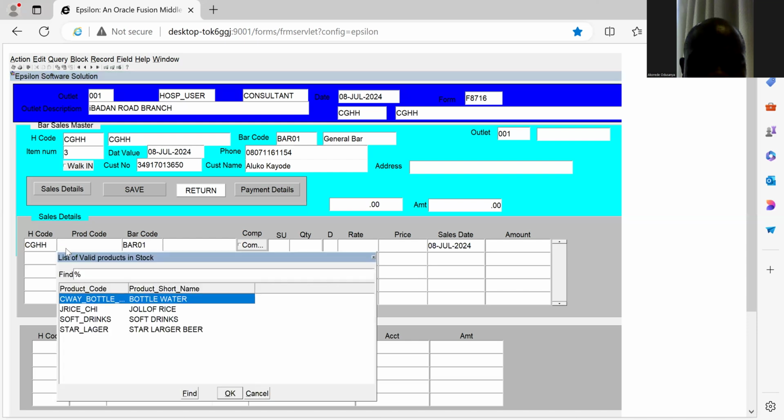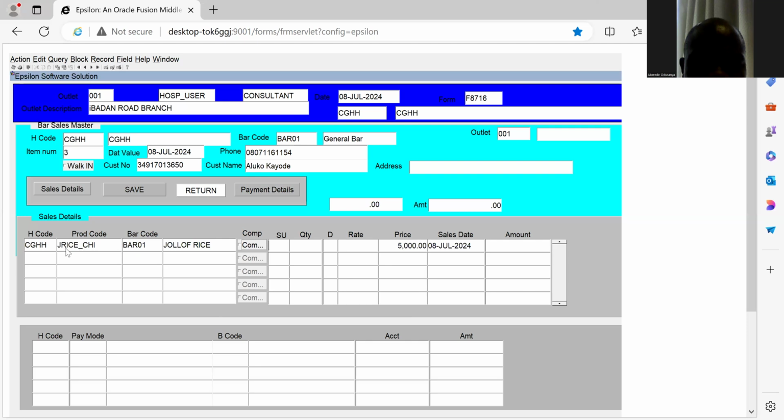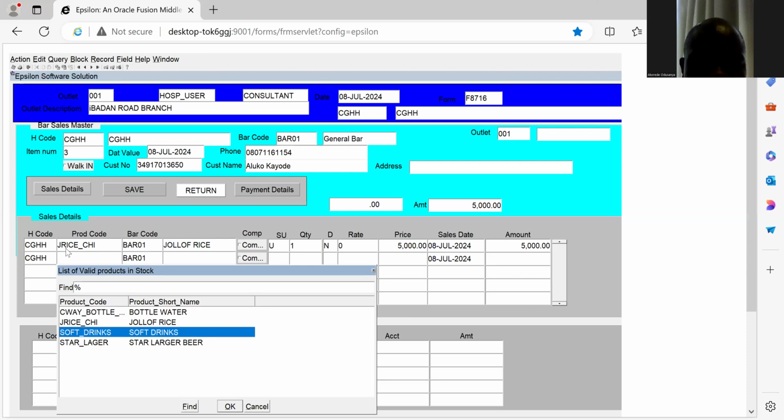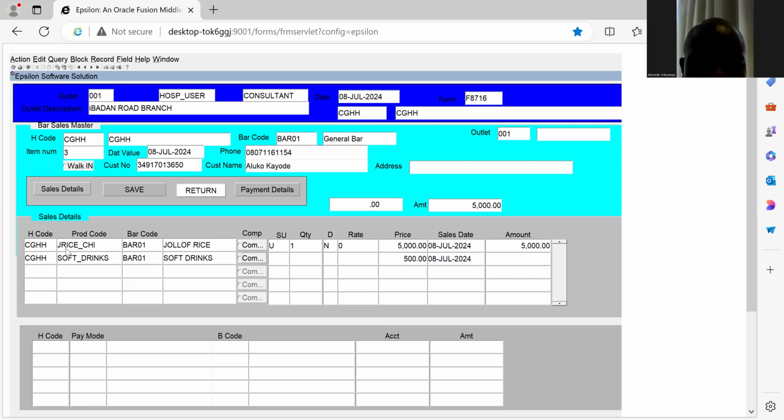We look at the products. These are the 4 products we have in our system. He's buying jollof rice, 1 plate, no discount. He's also buying soft drinks, which are sold in bottles, 1 bottle.